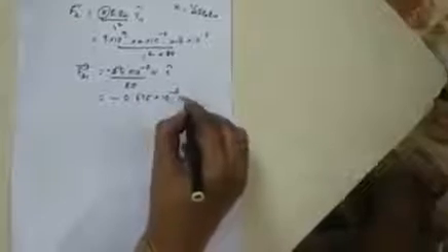So here also we are having 80. Minus 54 divided by 80 is equal to minus 0.675 into 10 power minus 3 Newton in the negative direction.